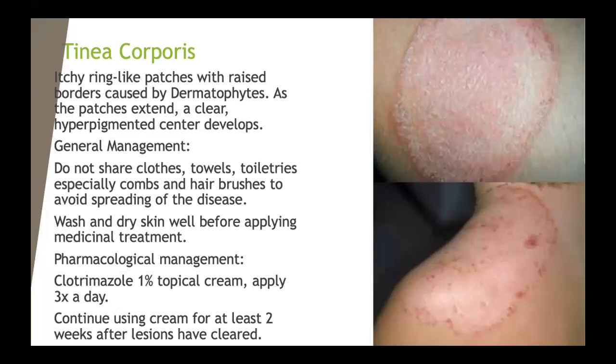So the general management is we do not share clothes, we do not share towels or toiletries, especially combs and hairbrushes, to avoid spread of the disease. You wash and dry skin well before applying medication. For the pharmacological management, we use clotrimazole cream, 1%. We apply it 3 times a day. Continue using the cream for at least 2 weeks after the lesions have cleared.